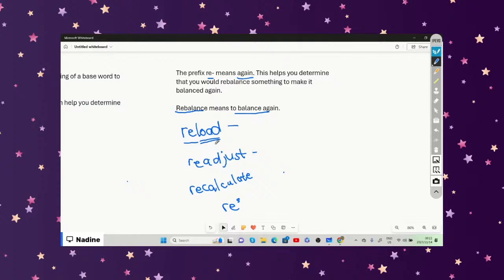If we look at the word adjust, we said re means again.